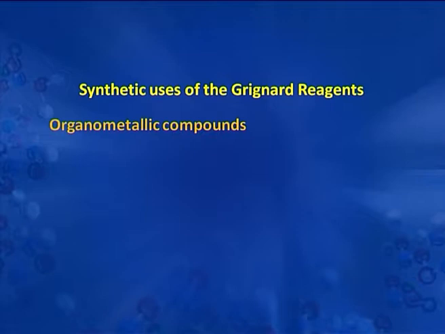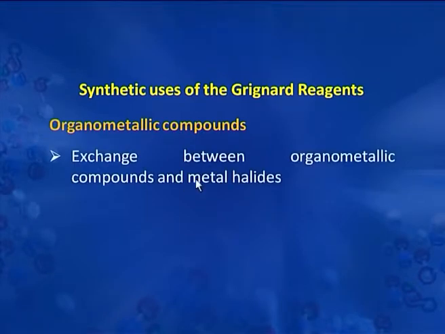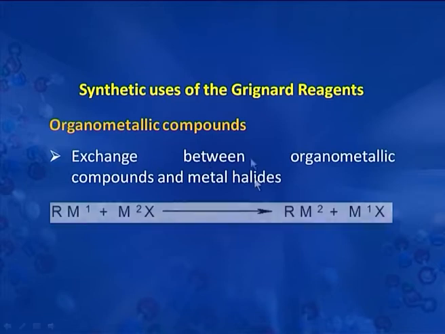We can also synthesize other organometallic compounds with the help of Grignard reagent, by the exchange between organometallic compounds and metal halides. Here M1 is the metal of an organometallic compound and M2 is the metal of a halide. By the exchange between these two, M2 becomes the metal of the organometallic compound and M1 the metal of the metal halide.